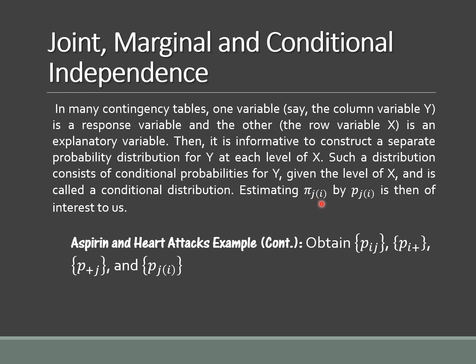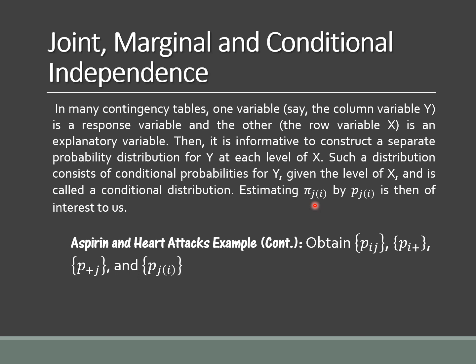i. But if you have the other way around, meaning the variable y, or the column variable, causes x, then you need to compute for pi i given j, because you want to know the possibilities for the values of x given that you already know the value of y, if y causes x.